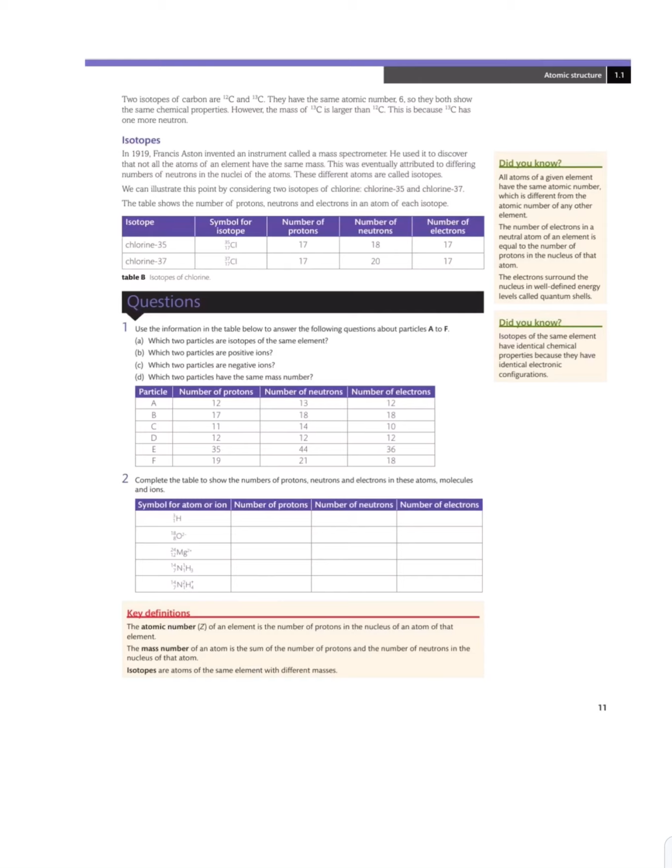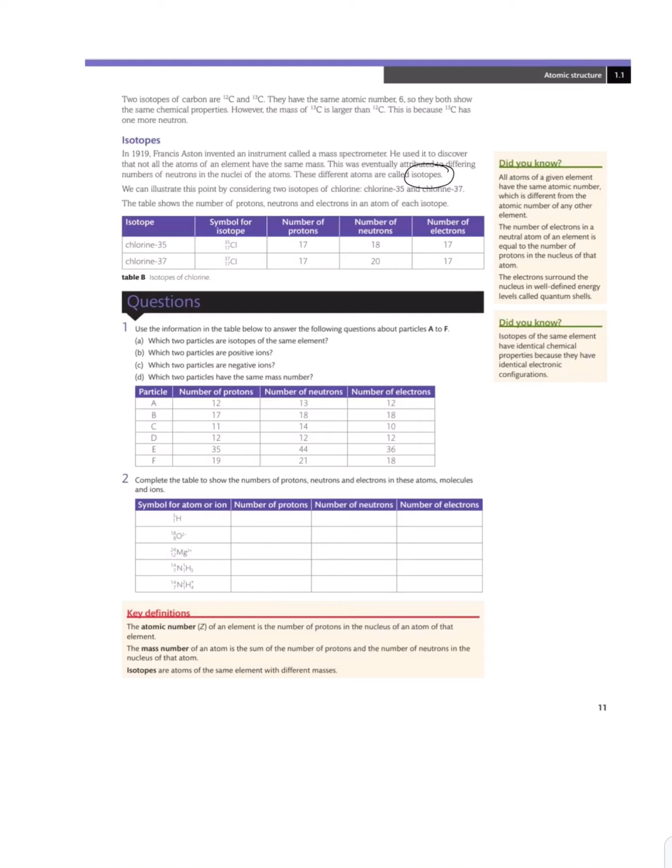So isotopes have the same chemical properties and the same electronic configuration, so they've got the same number of protons, but they've got different numbers of neutrons. You will be asked for a definition of this in the exam. That is a possible question.